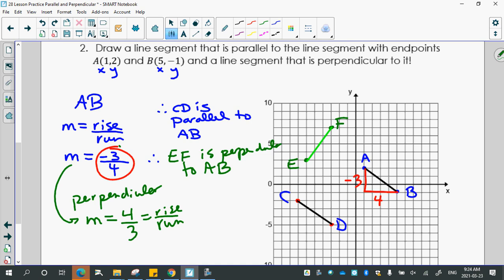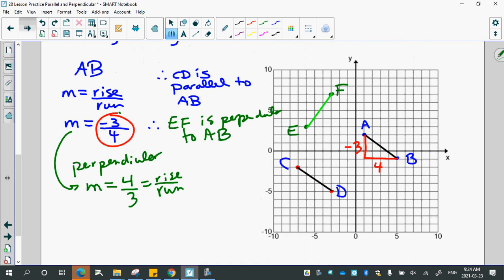Okay? Any questions about that? Find the slope. Okay. All right, on to our next question.